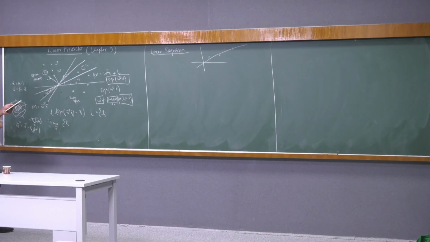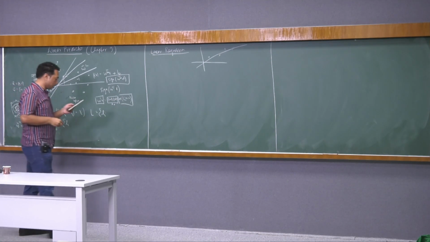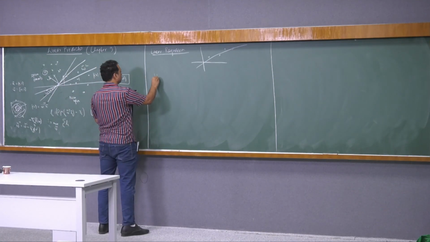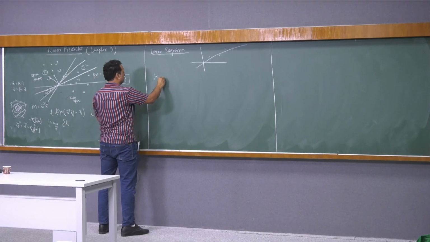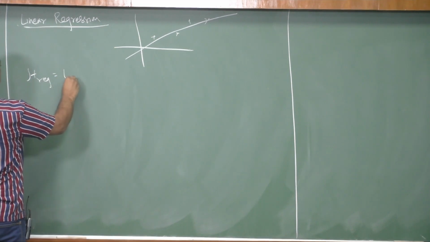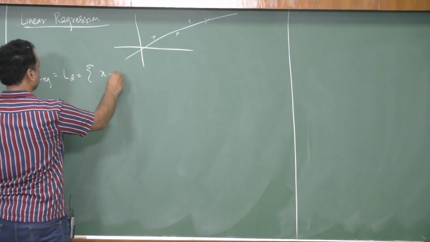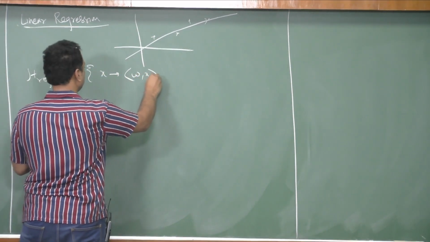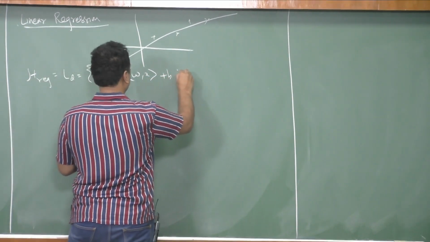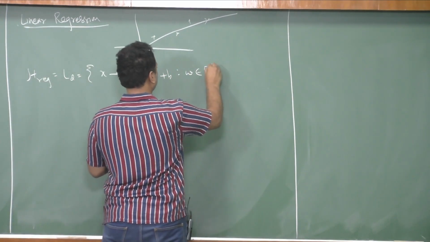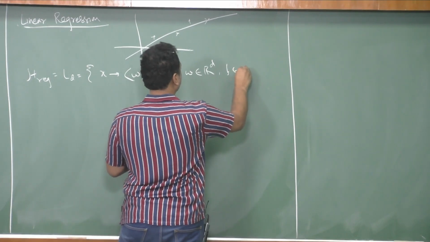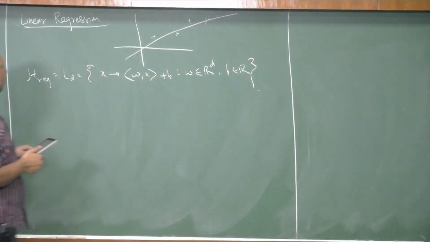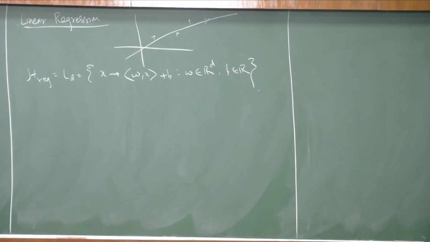So in the linear regression case, we are still looking for these linear functions, which are, let us say, x goes to w transpose x plus b, which are still planes, with w in R^d and b in R. So in the regression also, right now I want to focus on just planes, the best plane that fits the given data.